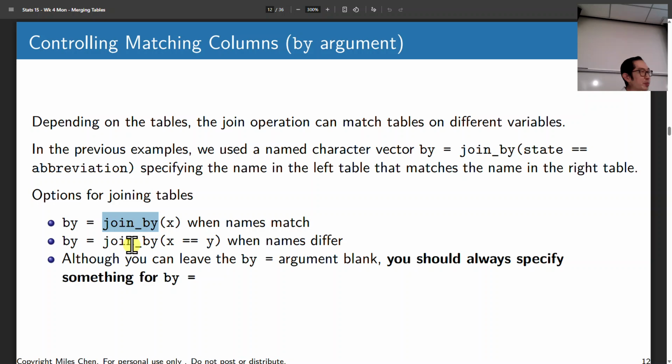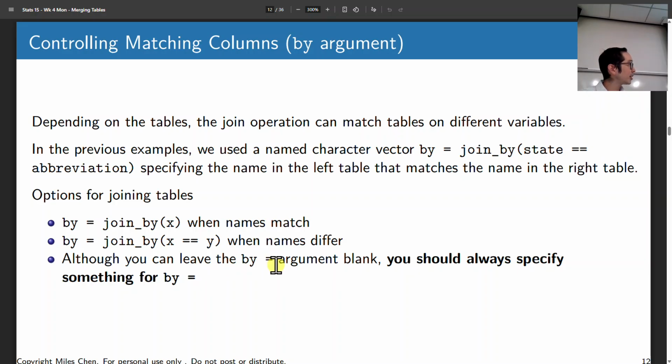This is the preferred or recommended method. It's a little additional typing, join_by x versus just by equals x, but it's a little more explicit, and it allows for more complicated joins, which I have one example of later on.